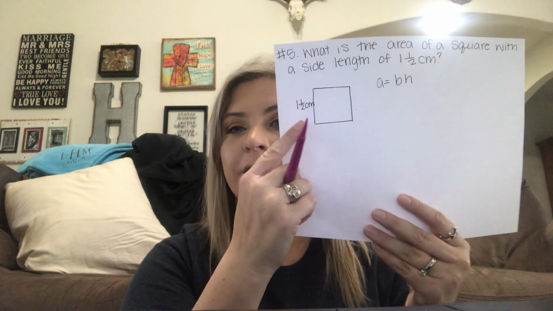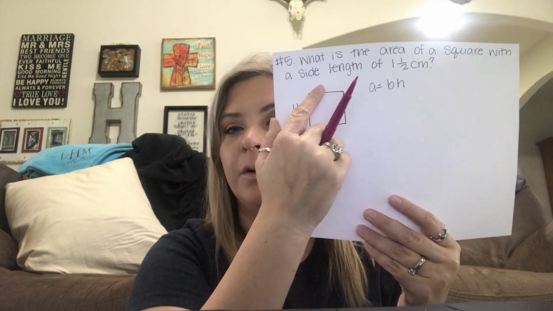Number 5. Number 5 says, what is the area of a square with a side length of 1 1/2 centimeters? So remember the properties of a square. That means every side is equal. Using your formula chart, you'll find the formula for area of a square, which is area equals base times height.